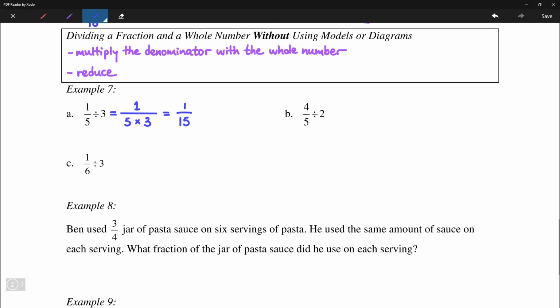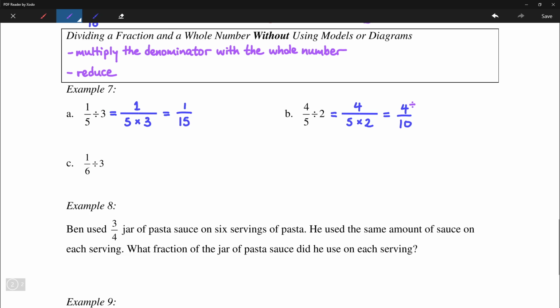Second example, we will have 4/5 divided by 2, which of course is equal to 4/10, which can be reduced.